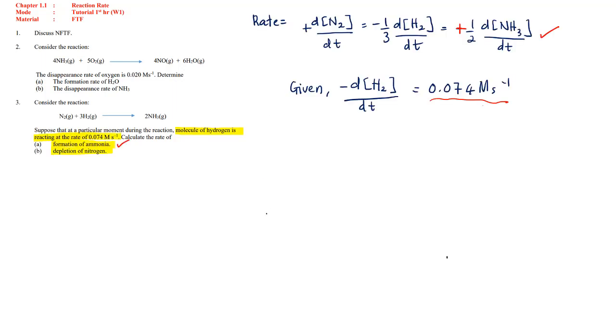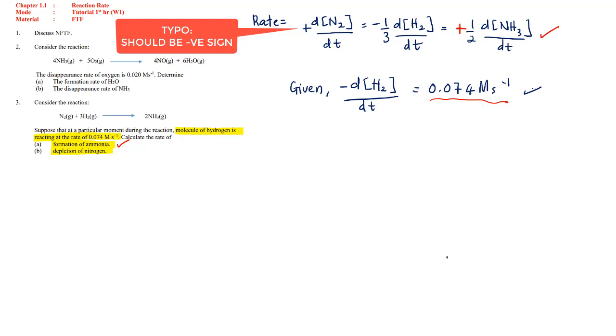Alright class, in the first question, you are going to calculate the rate of formation of ammonia. So write down, firstly, you must write the differential rate equation for the whole reaction. Right, like this. And given to you in the question, the molecule of hydrogen is reacting at the rate of 0.074 molar per second.